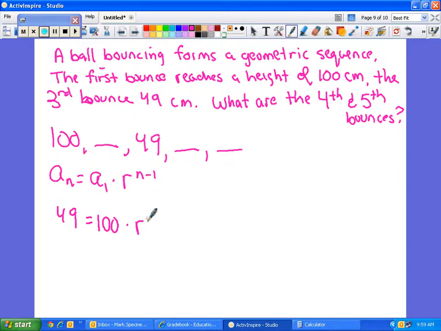And then n, what was my n? What term number is 49? It's the third term, so 3 minus 1 gives me 2. So what I get is 49 equals 100 r squared.